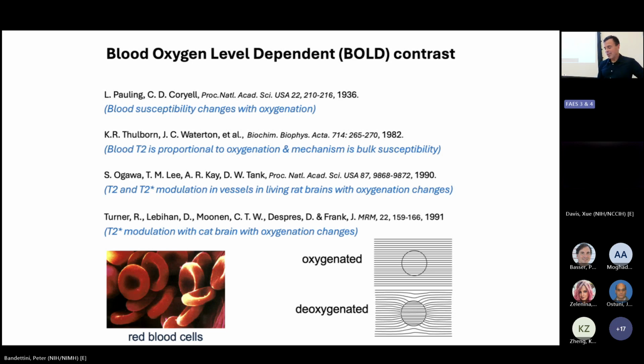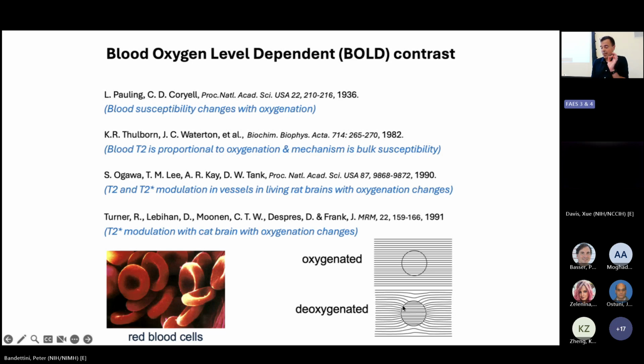So the basic idea is that, once again, you can picture magnetic field lines passing through an oxygenated red blood cell, and everything is clean. The red blood cells look like the rest of tissue, they're diamagnetic. But when they're deoxygenated, they concentrate the magnetic field, and that causes distortions around the red blood cells.